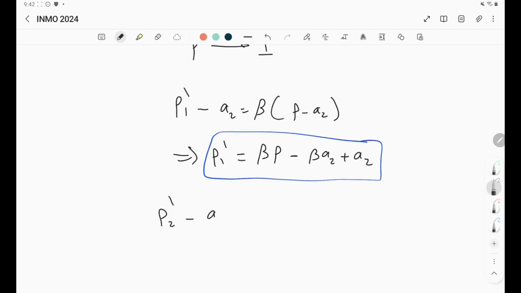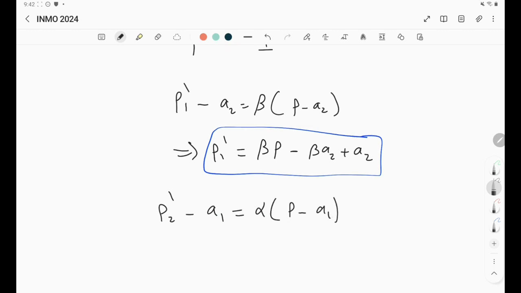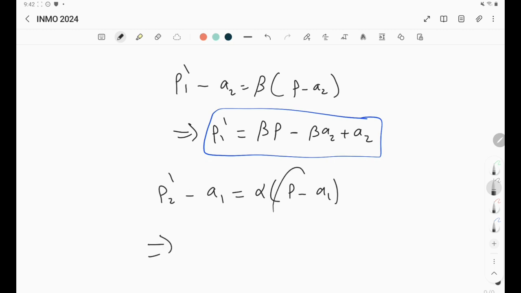Of course, we can do the same, but now we change to A1, and this thing becomes alpha, and this thing becomes P minus A1. Again, we can do the same thing, but now we can plug in, I mean here, of course, P1 prime. We can plug in the P1 prime from here. So let's do that. It's going to be P2 prime. It's going to be alpha times this.